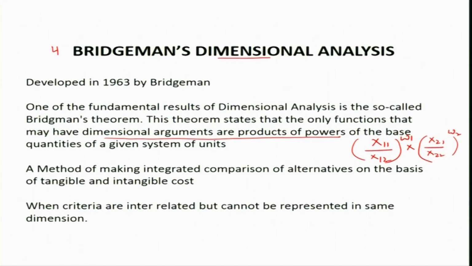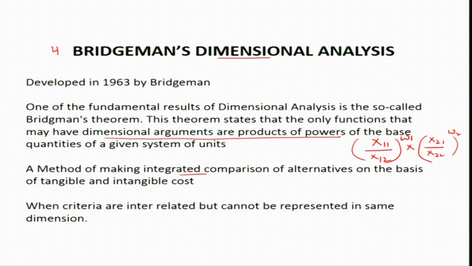So this is how this kind of formula we are going to use in Bridgman's dimensional analysis, a method of making integrated comparison of alternatives on the basis of tangible and intangible cost. These factors can be tangible, these factors can be intangible also. When criteria are interrelated but cannot be represented in the same dimension, we can use this analysis.